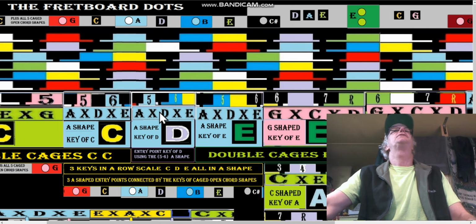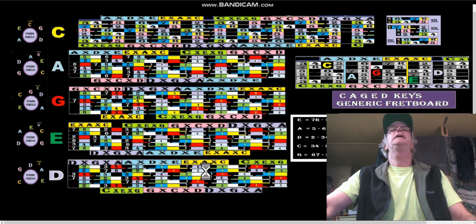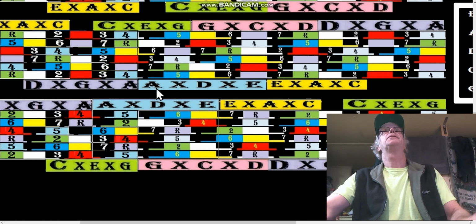Now I know it's hard to see, so let's look at the key of D here, and look at our D box, which is the A shape, which is right here. So this is our A shape in the D box, key of D. This is exactly what it is.